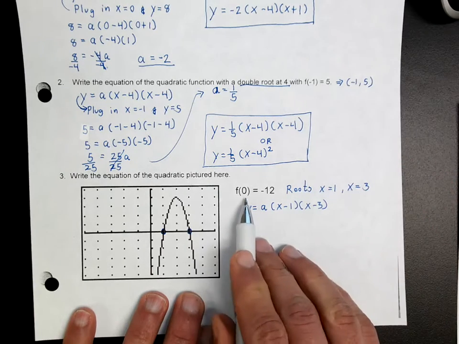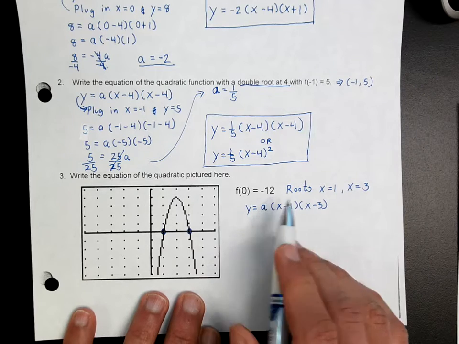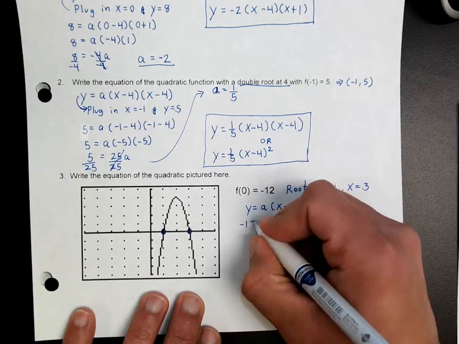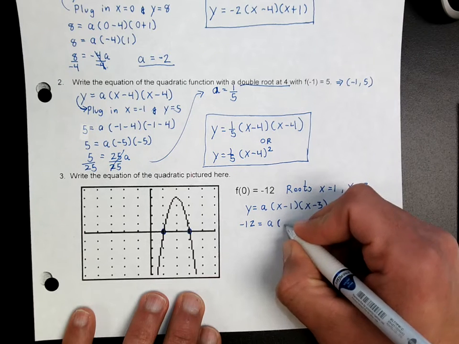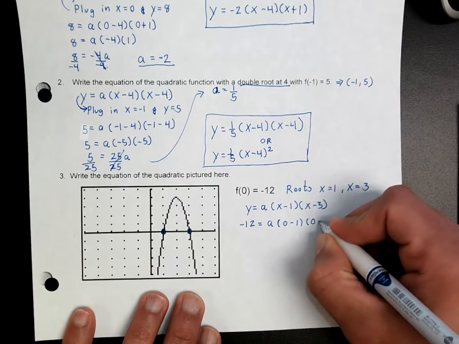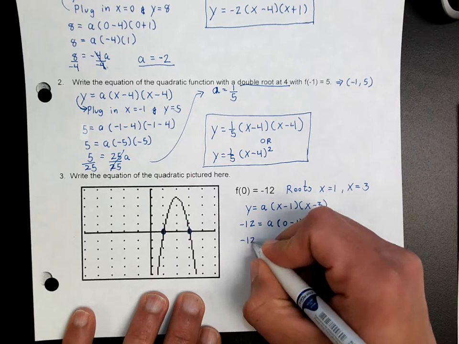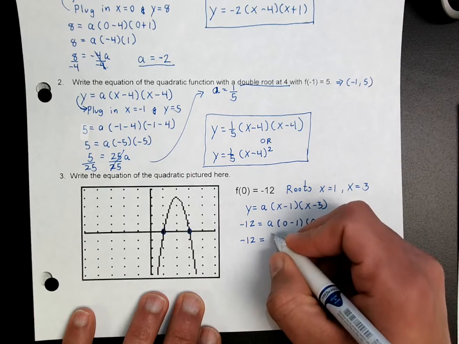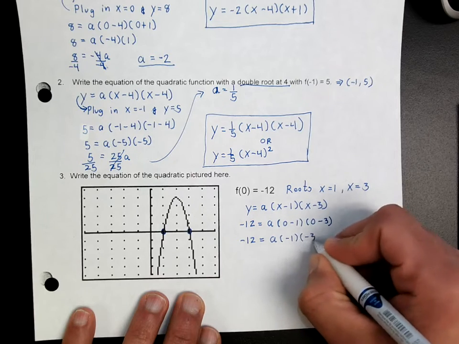Now remember that this means x is equal to 0, y is equal to negative 12. So I'm going to plug that in. So negative 12 is equal to a times (0 minus 1) times (0 minus 3). That's going to give us negative 12 is equal to negative 1 times negative 3.